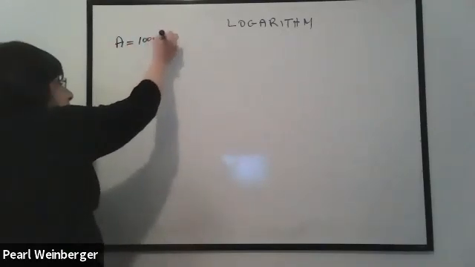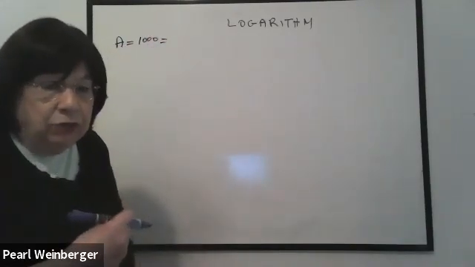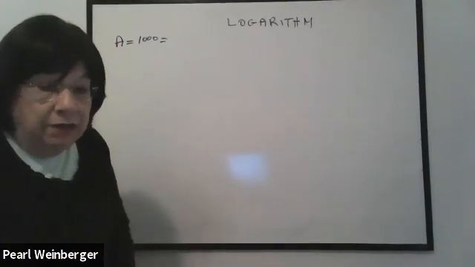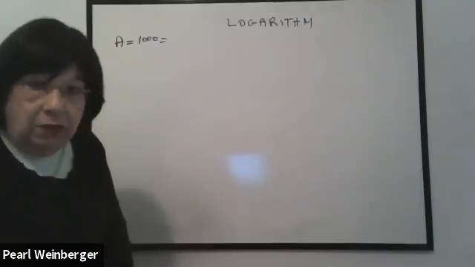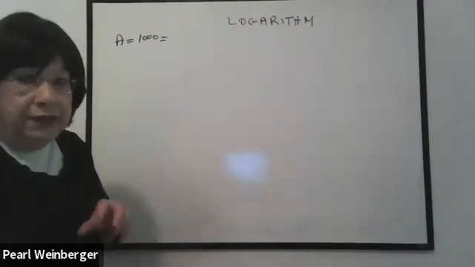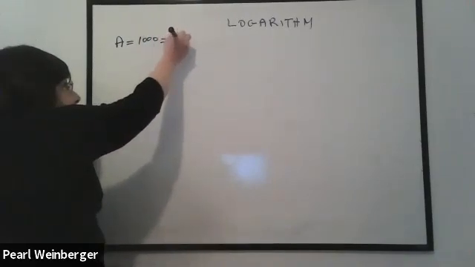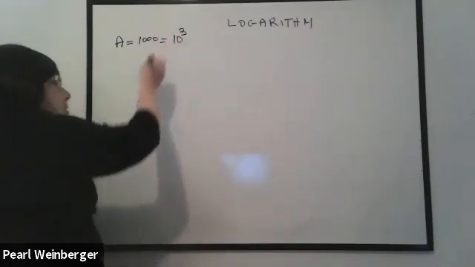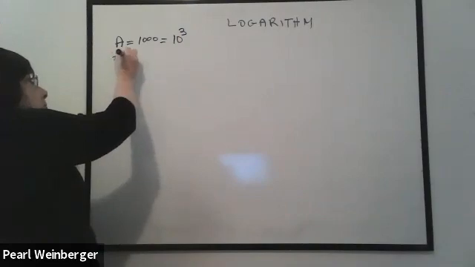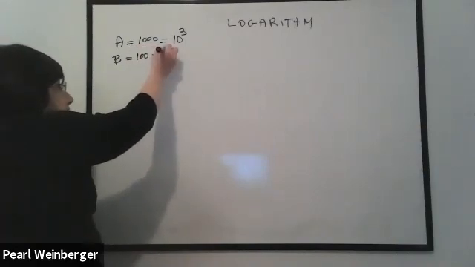We're going to be doing logs base 10. We're going to be doing common logs, even though we could do any base logs. The reason I'm doing common logs is because the numbers are usually easier to work with. 1,000 is another way of saying 10 to the third. And B is going to be our 100, which is 10 to the second.